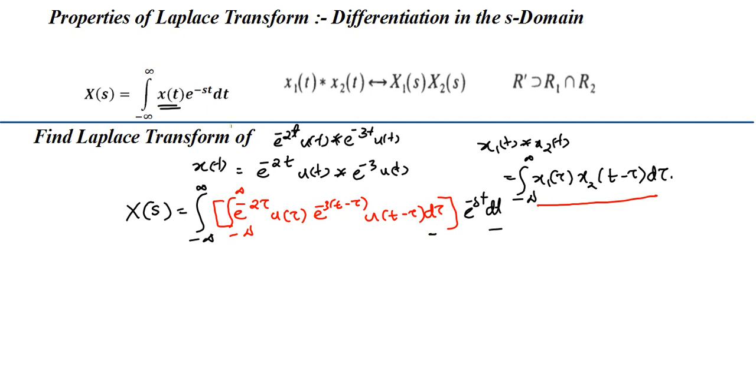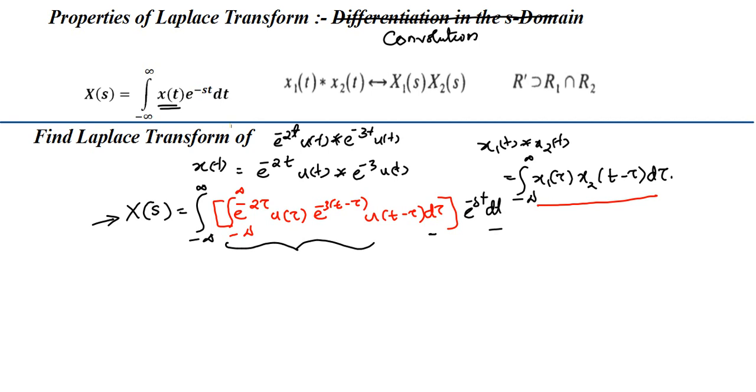This complex operation becomes very simple if you know the... sorry, I made a mistake. This is not the differentiation in s domain property, it's actually the convolution property. By using the convolution property, we don't want to expand like this.